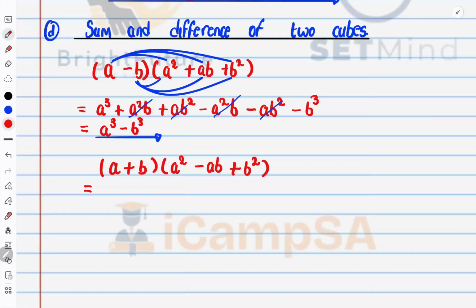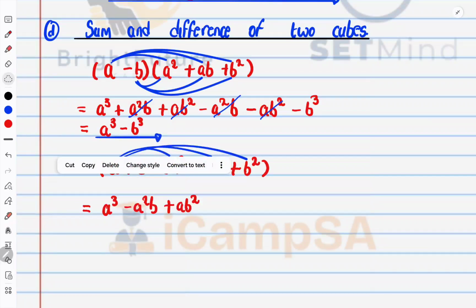So distributive law: a into a squared, and then a into ab, and then a into b squared. For the first term we will have a cubed minus a squared b plus ab squared, and then for b we have to distribute it and multiply each term.